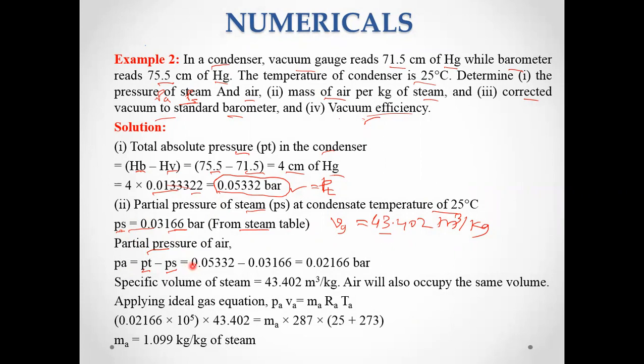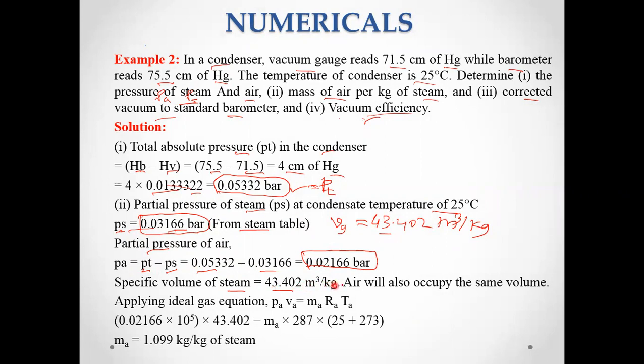Partial pressure of steam we can also call the saturation pressure. So this will be equal to 0.05332 minus 0.03166. I am taking this one PS and this is PT. So finally I will get pressure of air, it is 0.02166 bar.